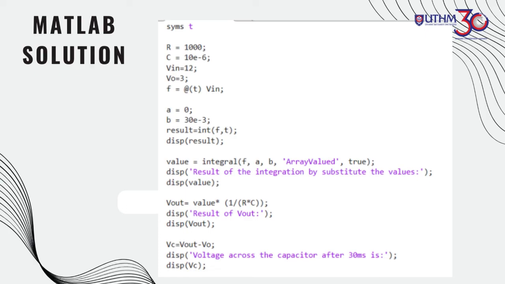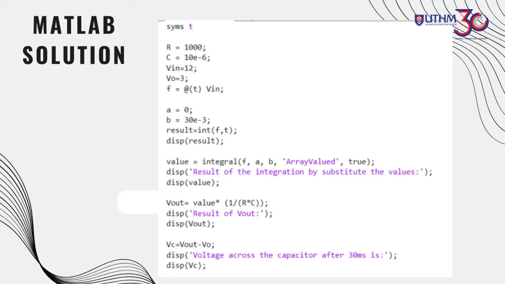Then we do the symbolic integration and the result is displayed. We then code the result of the integration by substituting the values. The value of the integration, which includes the upper limit and the lower limit, is displayed as value.